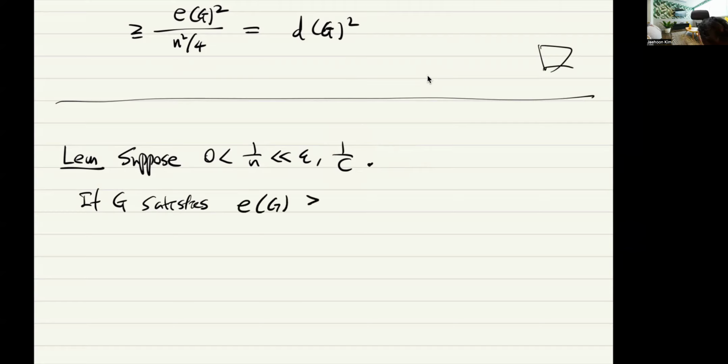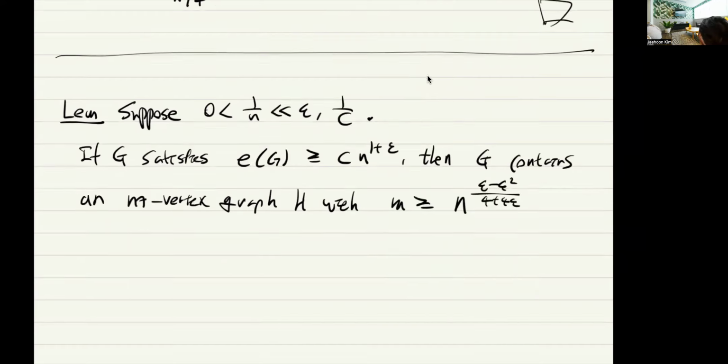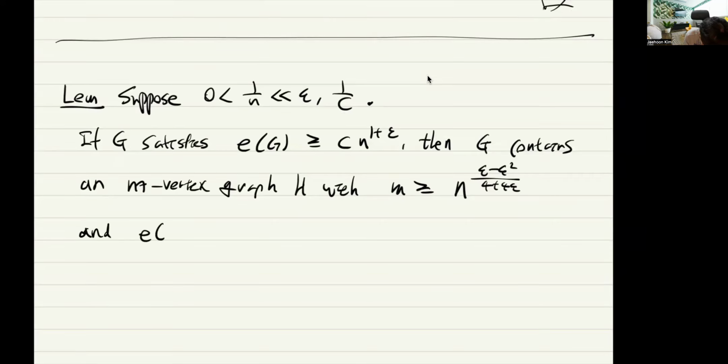If G satisfies that it has at least C times n to the 1 plus epsilon edges, then G contains an m-vertex graph, say H, with m not too small, so it is at least n to the some power, and the number of edges in H is almost similar, 2 over 5 times C times m to the 1 plus epsilon.